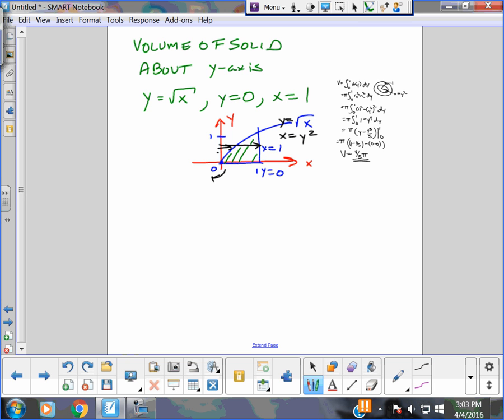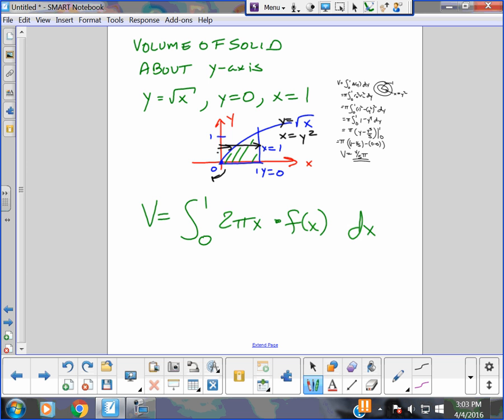We also know that volume equals, going on the x-axis, from 0 to 1, 2 pi x, which is the circumference when we unroll one of the cylindrical shells, times the height, which is f of x, dx.